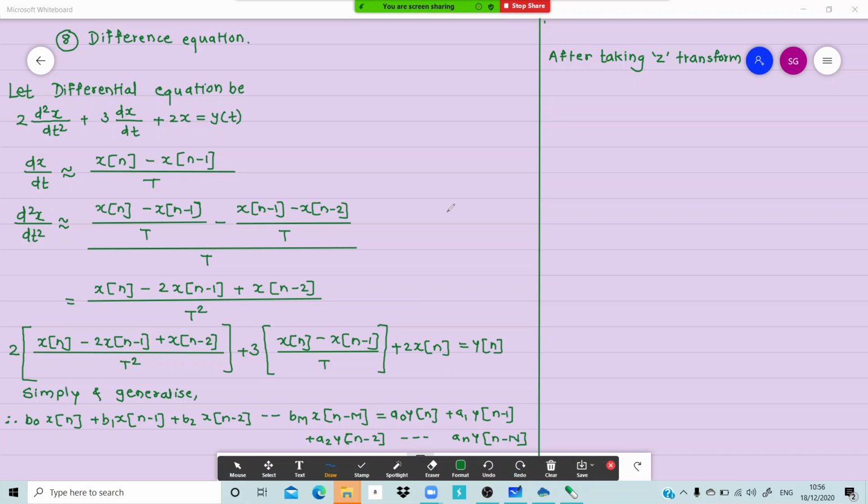Yeah, so I can write for the first term, it is going to be b naught X(z), correct? Then b1, now it is shifted by 1 on the left hand side, so z raised to minus 1, we are using the property, right? X of z.